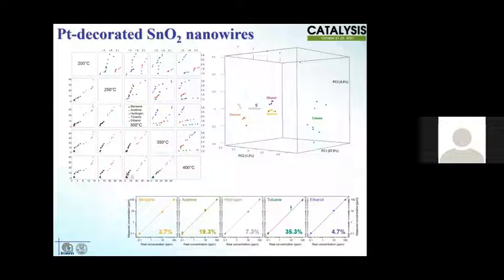In this case, you can see the whole correlation, and you see that ethanol and hydrogen are well discriminated, separated from the other gases, and the other gases that are in a small cluster are zoomed here, and you can see that most of the correlations can identify the different gases.